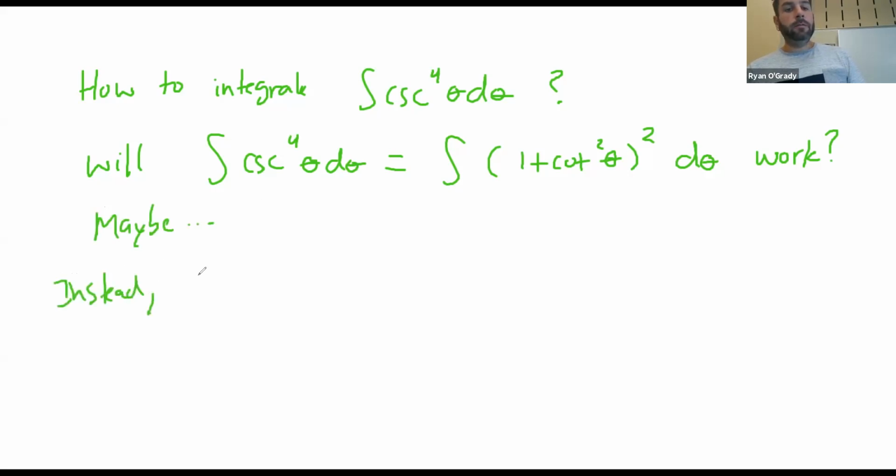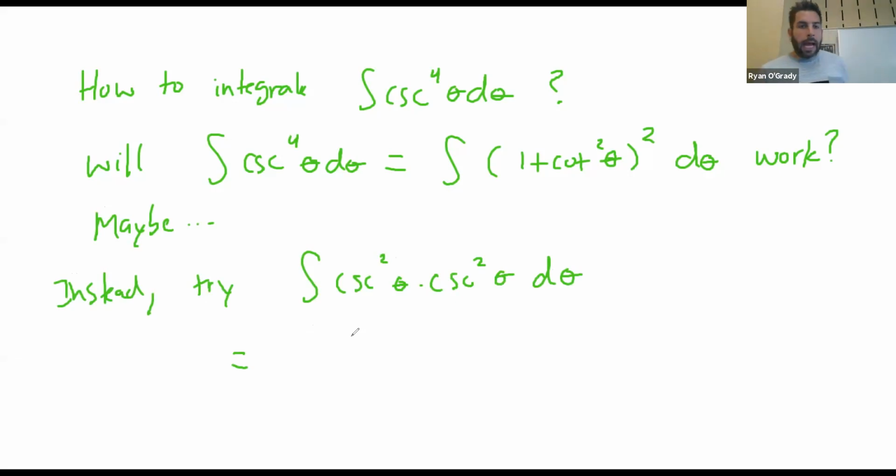So instead, I'm going to try the cosecant squared theta times cosecant squared theta. And then I'm going to apply this identity. So I didn't want to use this Pythagorean identity here, because if I used it on this whole term, I'm going to get another power of 4. And I'm trying to avoid large powers because I feel like I'm not getting anywhere with that.